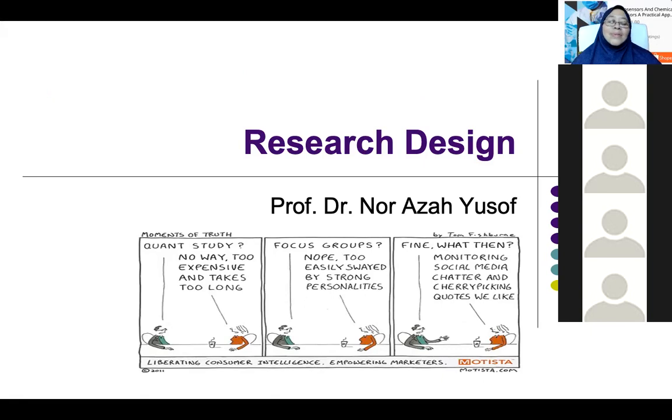Okay, right. So you can see that these people are talking about the study itself. You can see the word expensive, and you see the words takes too long. So you can guess that whenever we are designing an experiment or research, there are a few factors.